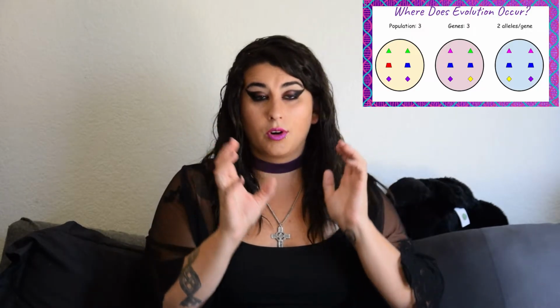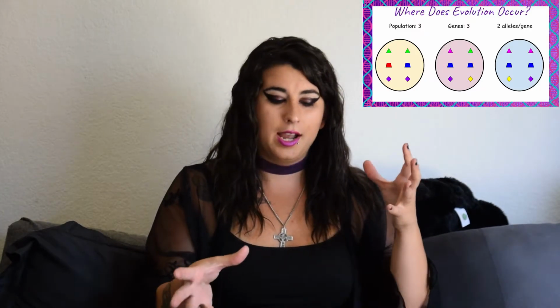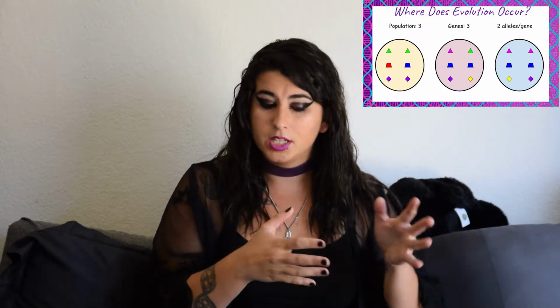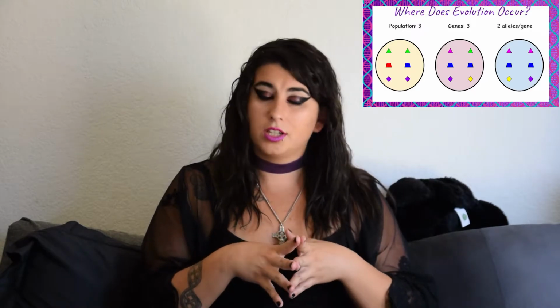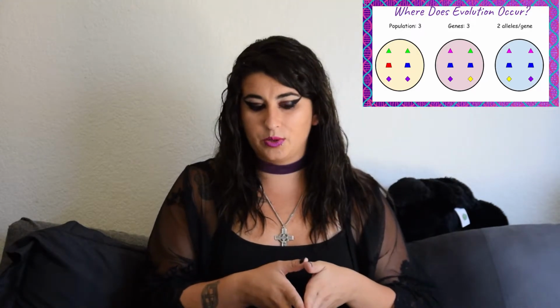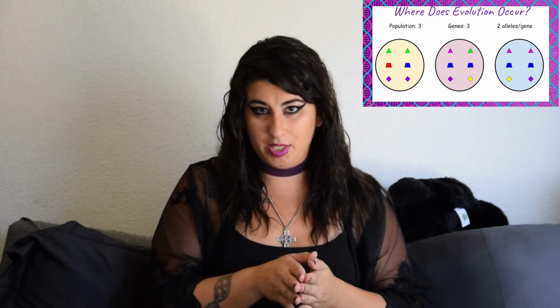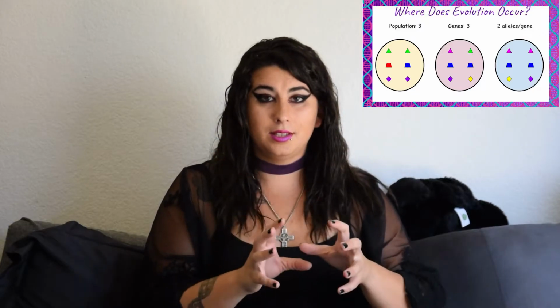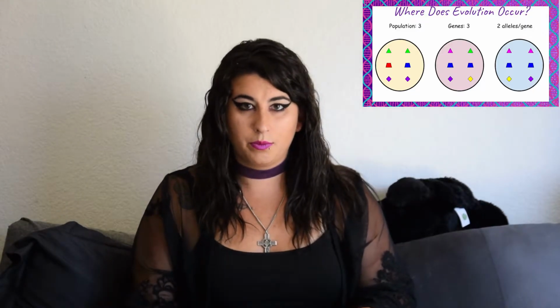Now, our organism 1, this kind of creamy circle on the left here, has 2 green triangles, a red and a blue trapezoid, and 2 purple diamonds. Those are the 6 alleles from this individual.